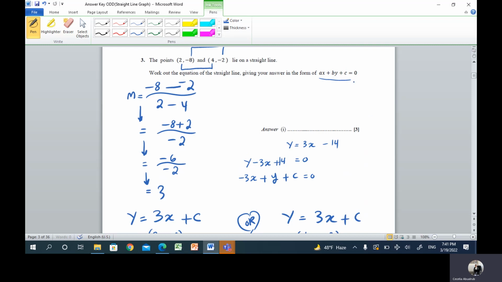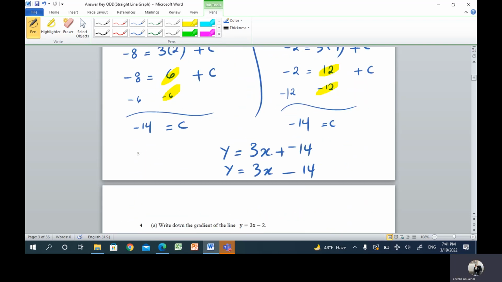Now it is written as per the form that they're asking for in the question. Accordingly, a is equal to negative 3, which is the coefficient of x, b is the coefficient of y, which is 1, and c is equal to c. So that's the answer.